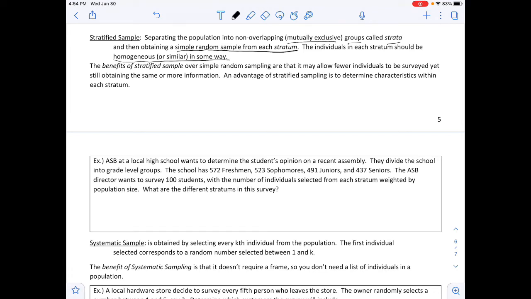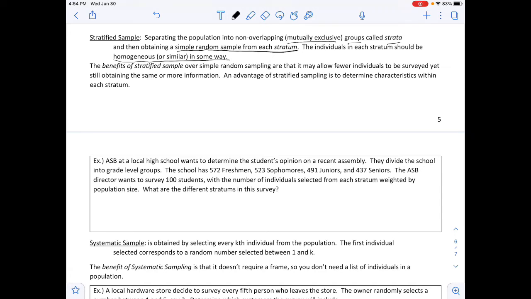So the next example that we have says ASB at a local high school wants to determine the student's opinion on a recent assembly. They divide the school into grade level groups. The school has 572 freshmen, 523 sophomores, 491 juniors, 437 seniors. The ASB director wants to survey 100 students with the number of individuals selected from each stratum weighed by population size.